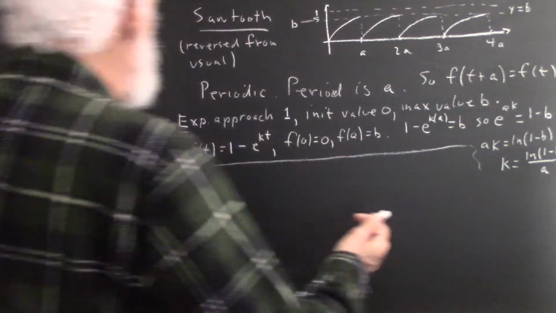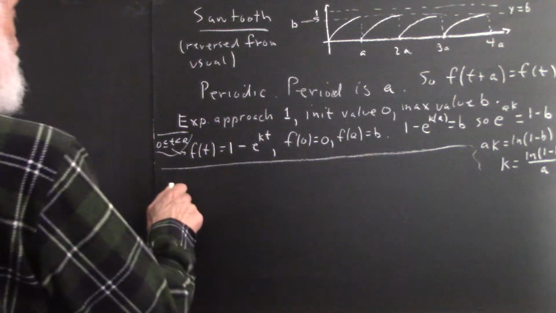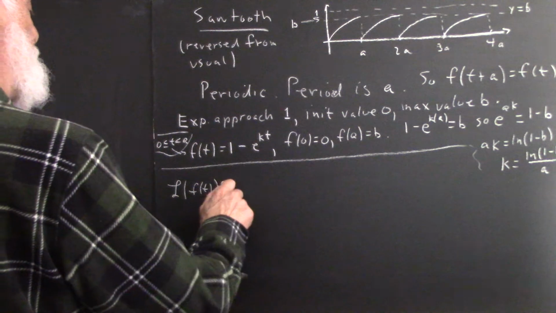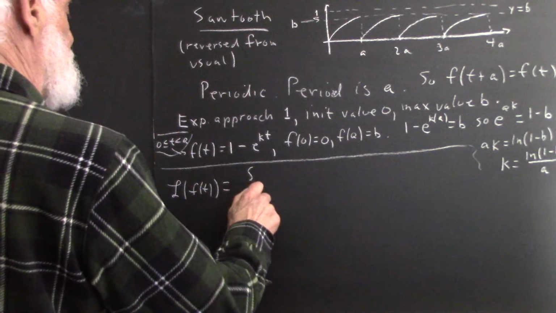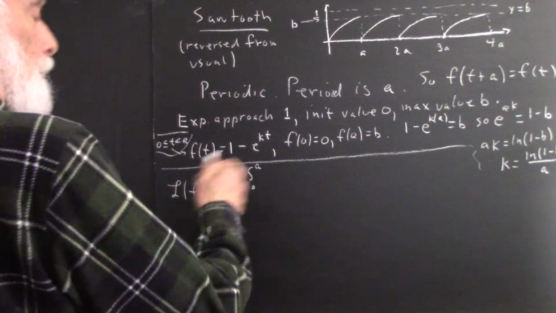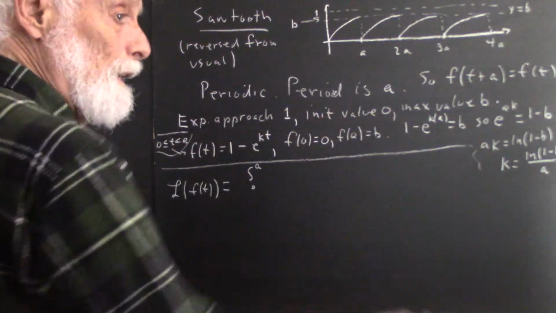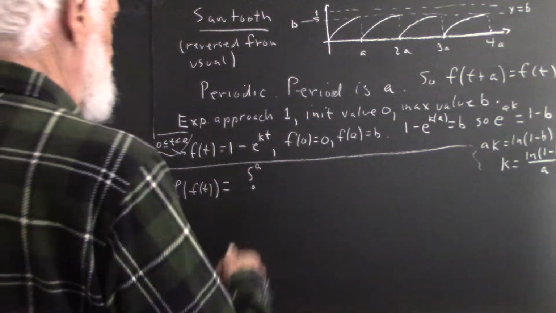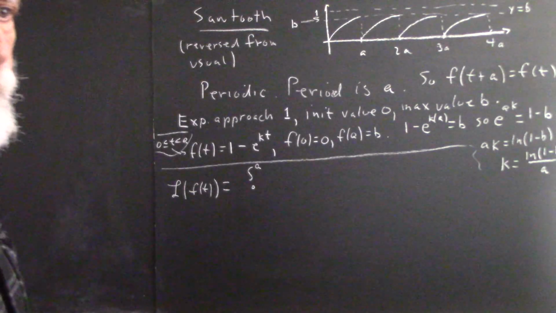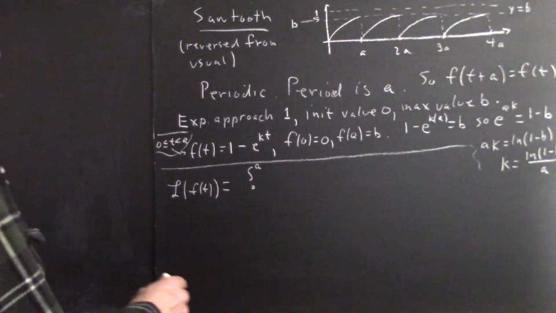Okay, so now what? So the Laplace transform of f of t is the integral from 0 to a, being the period now. You know, our formula is integral from 0 to t, but it's not just a formula. We should understand it and understand that we're integrating over one period, over the very first period.